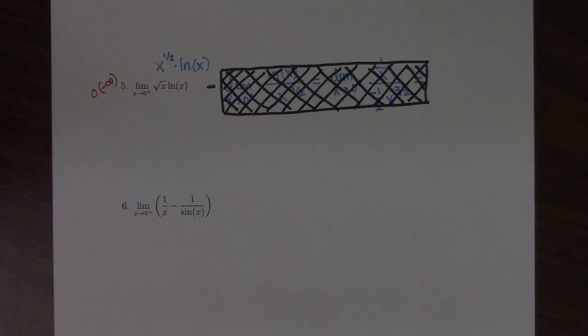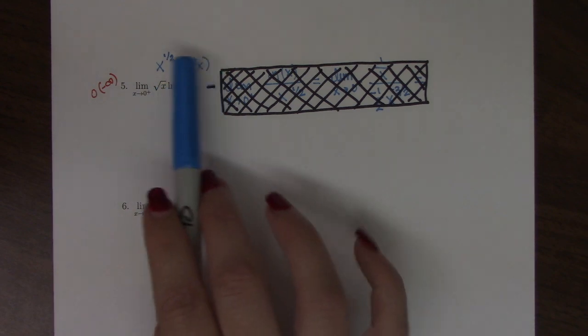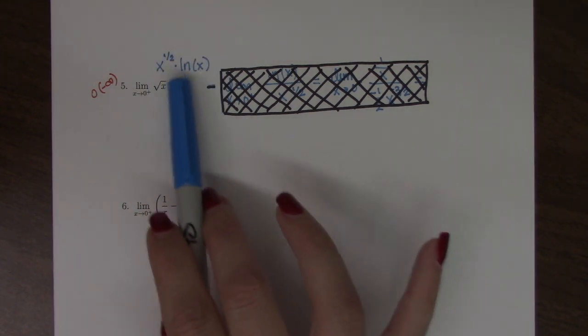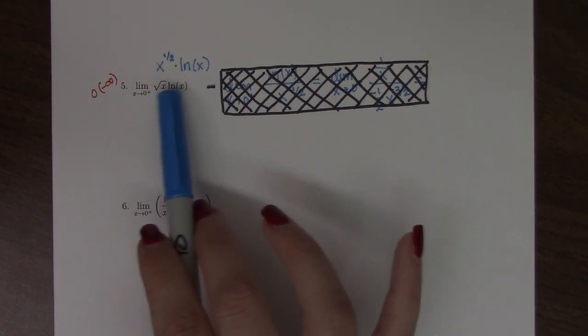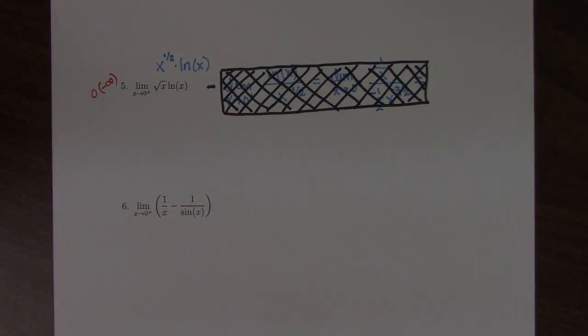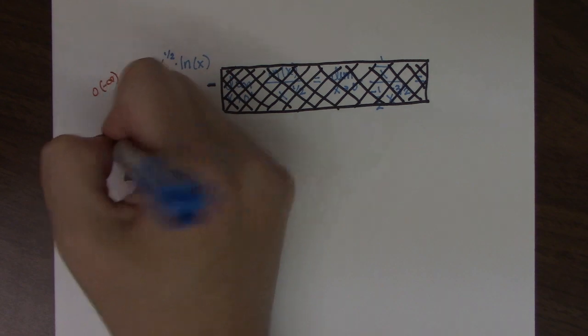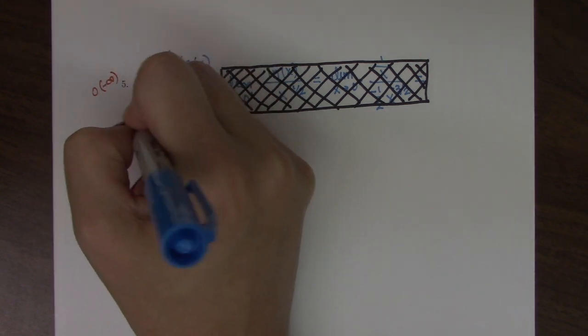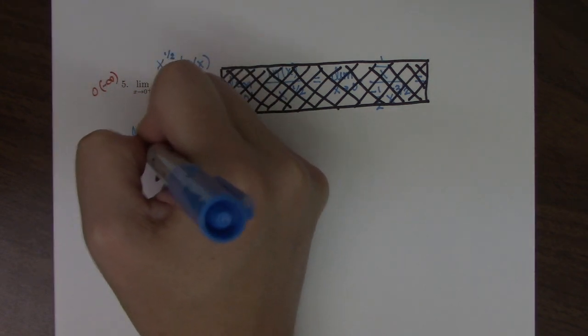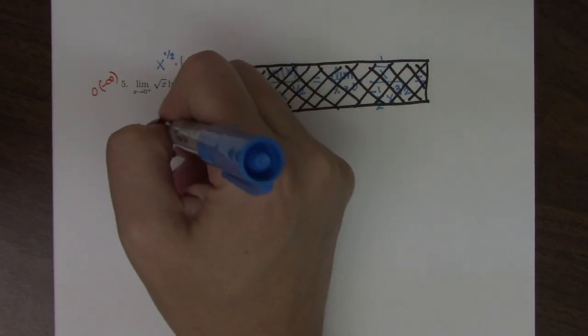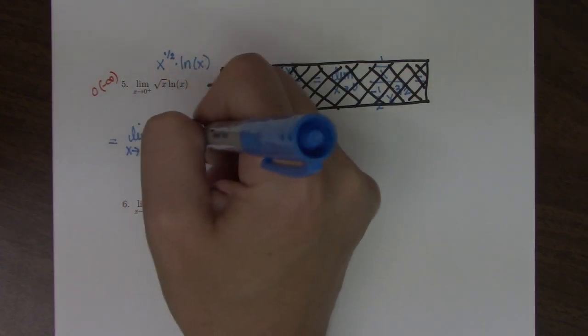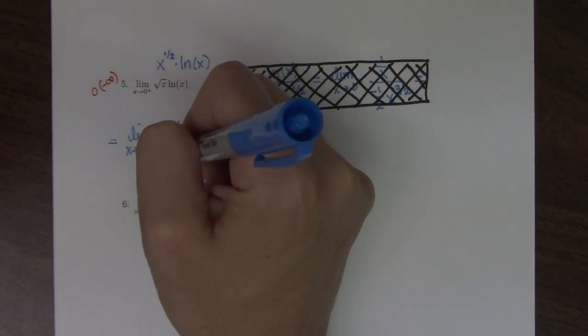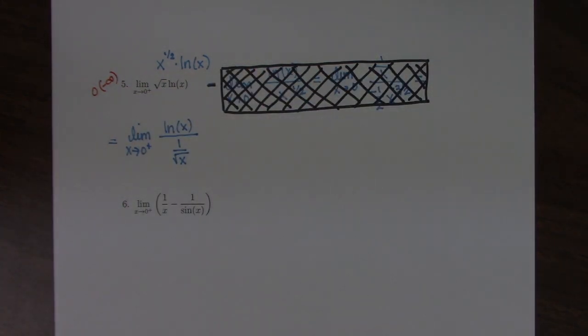So we said you can try moving an expression into the denominator, but we want to move the simpler of the two things into the denominator. So if I rewrite this in terms of fractional exponents, I can rewrite the limit as x goes to 0 from the right as ln of x over 1 over the square root of x.